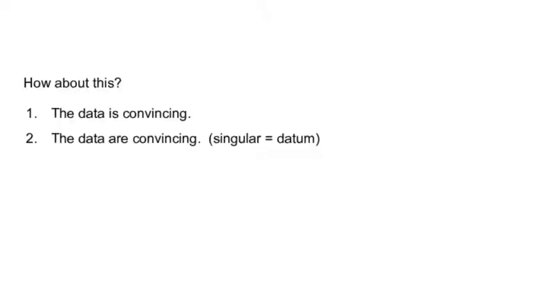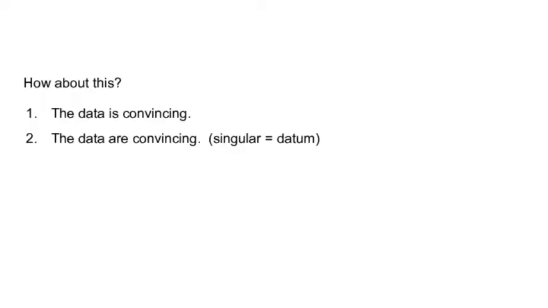You may hear both. It's just that there's a difference in the formality level or the context. Most people would say that data is convincing. They think of data as kind of general stuff, kind of like furniture that can be treated as a singular noun. And that's just more informal.